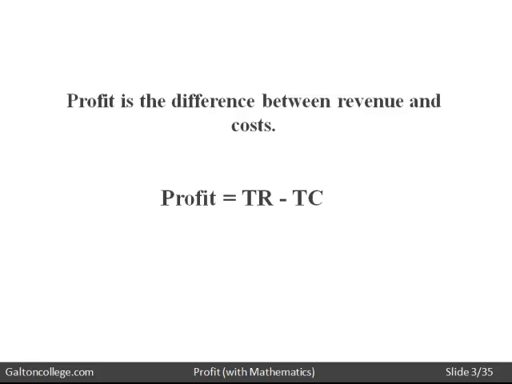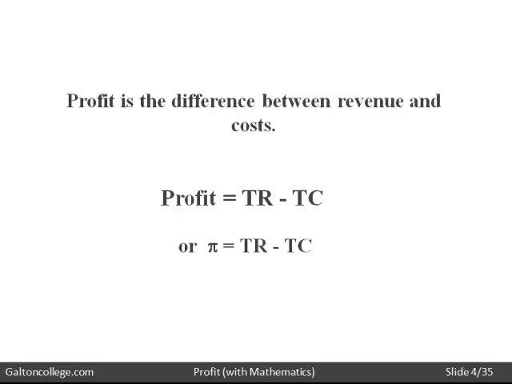So in terms of writing it as an equation, we could write profit is equal to total revenue minus total cost. TR minus TC, total revenue minus total cost, which is our profit expression. Now, sometimes instead of writing profit, the symbol we use is pi.